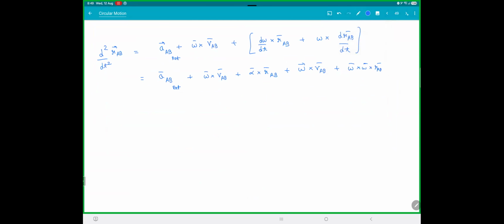So now if you just simplify this, this is the acceleration of AB in the translatory frame. I'll just leave it as d square by dt square RAB. So now if you bring this thing here, this is the acceleration in the inertial frame.